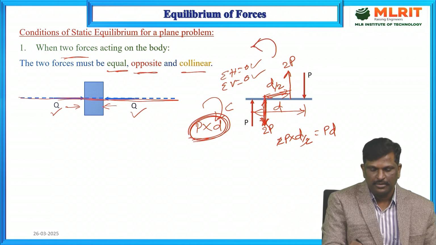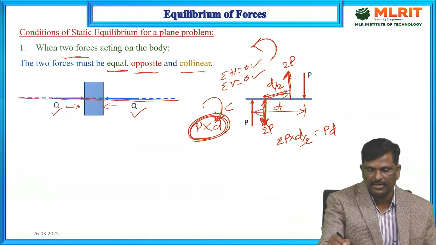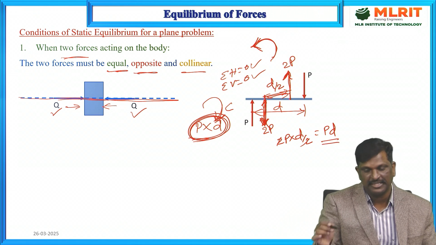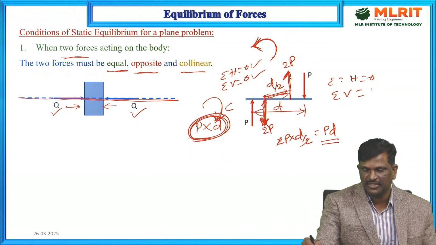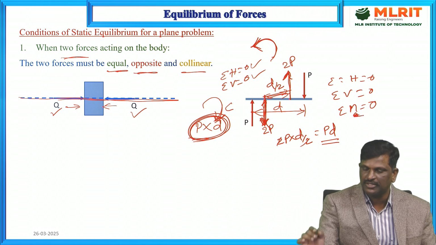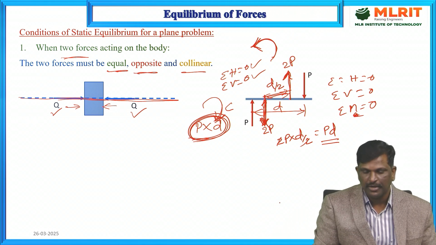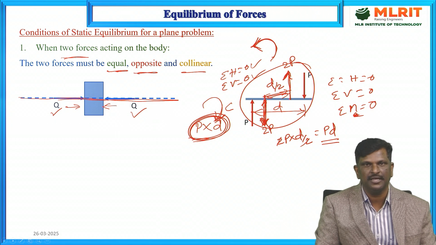Here the couple is clockwise, and now we have introduced one more couple, that is anti-clockwise, of the same intensity. Now the sum of all horizontal forces is 0, the sum of all vertical forces is 0, and the sum of all moments about a point is equal to 0. Now the system is said to be under equilibrium.